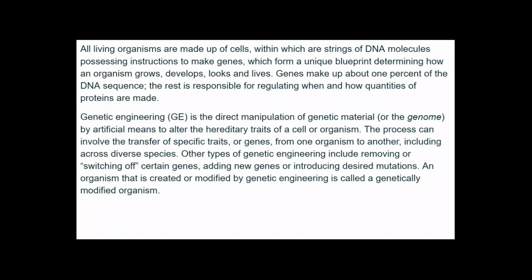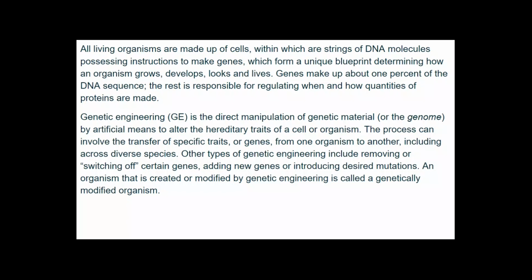We know that all living organisms are made up of cells, which contain strings of DNA molecules, possessing instructions to make genes, which have a unique blueprint determining how an organism grows, develops, and lives. Probably some people have a problem with calling it a blueprint.